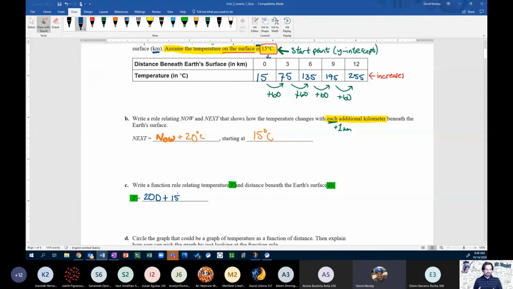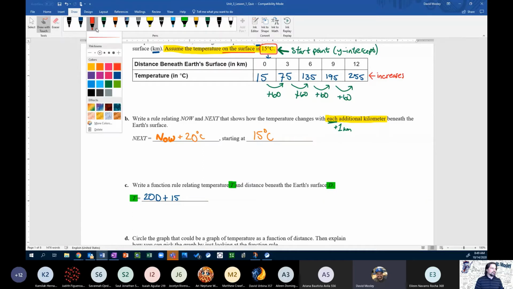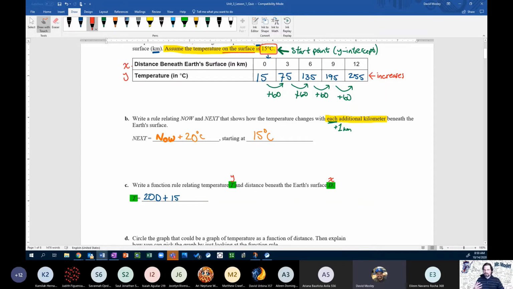Okay, so the temperature equals 20 times the distance plus 15. And once again, the T is essentially the Y, the D is essentially the X, if we're relating this to X and Y variables that we're more familiar with, right?